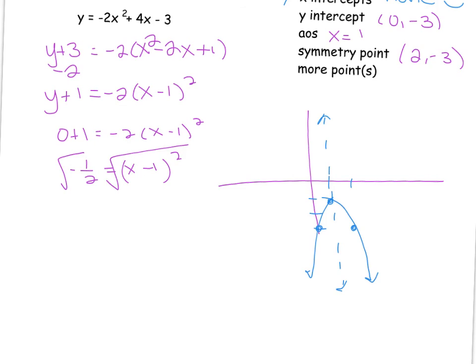If you had wanted to, you could have done your b squared minus 4ac. That would have been minus 24, negative 8. So my discriminant is less than 0. That tells me, guess what, I have no real roots. I have imaginary roots or no x-intercepts.